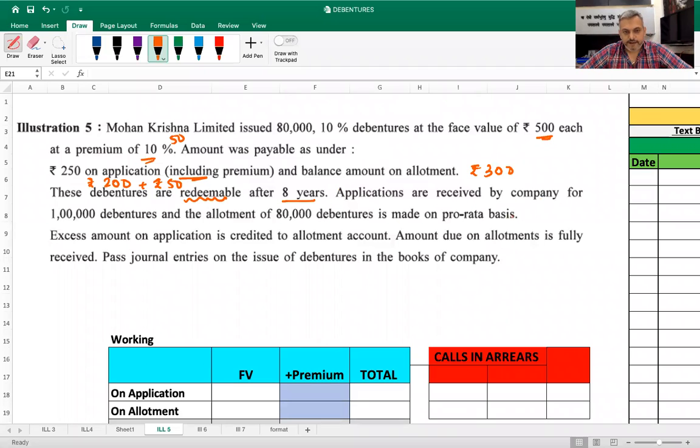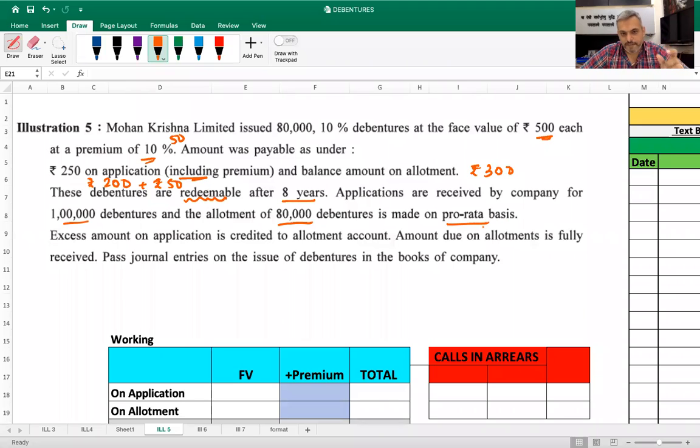Applications were received by the company for 1 lakh debentures. An allotment of 80,000 debentures is made on pro rata basis. Pro rata means proportionate. So for every 10 debentures applied, I am going to receive only 8 debentures.